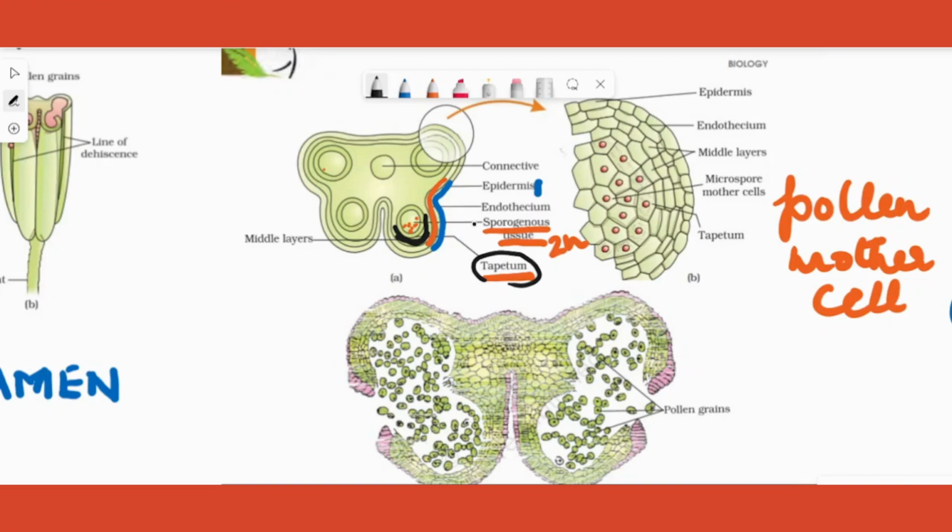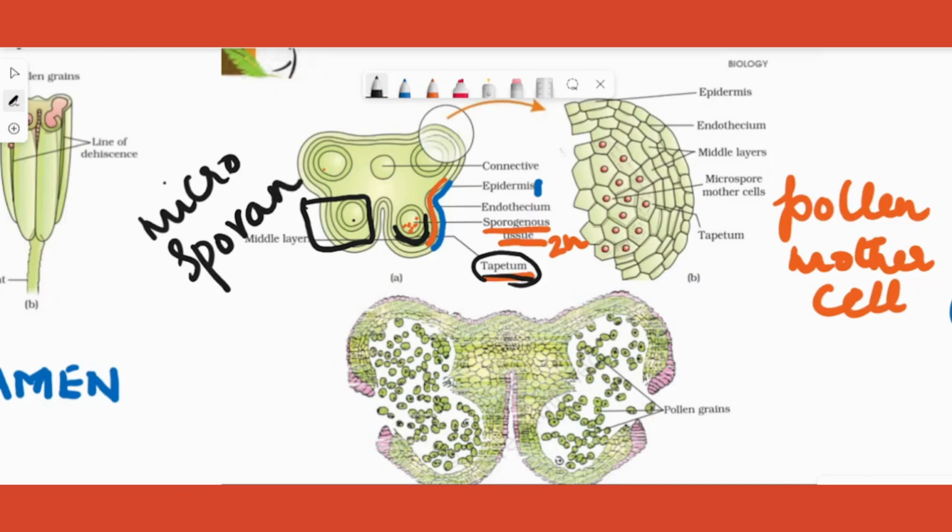Alright, so you know the structure of it. 3 walls for protection, 1 layer called tapetum for nourishment. Inside is the sporogenous tissue. Now, sporogenous tissue and tapetum, this part is called as the microsporangium. Why? Because it is what will produce the microspore.